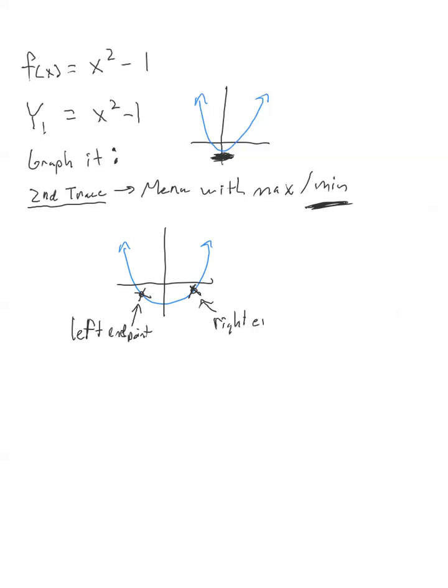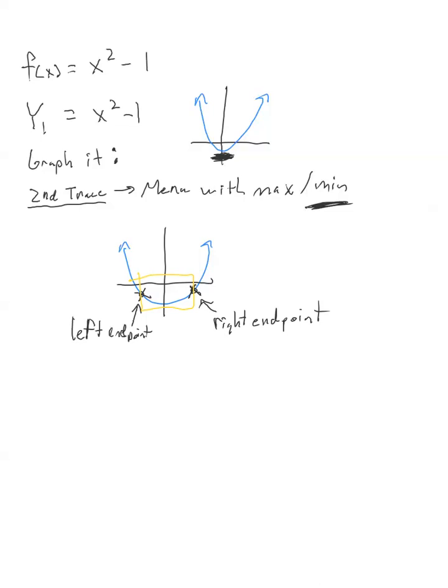For those first 2 points you choose, you are telling it, I want to find the minimum value between these 2 points. It's kind of like before when I drew the box and said, we're only looking here. You, with your calculator, are telling it to only look between these values.